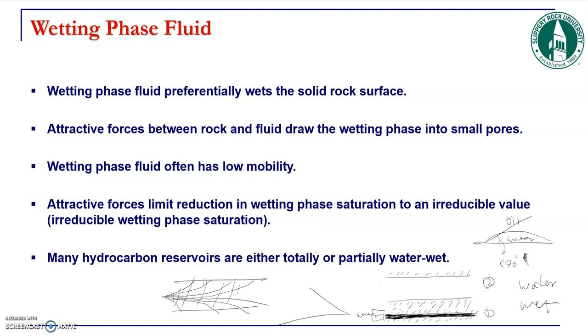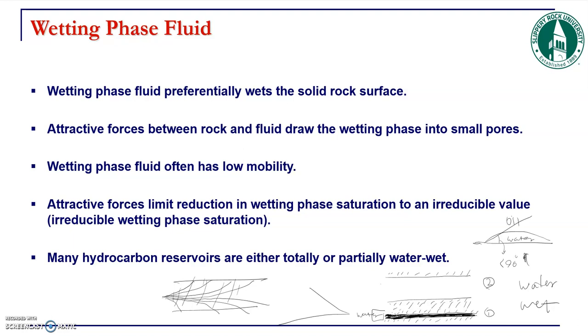So if you have a water wet reservoir, usually the wetting phase, which is the water, will fill the smallest pores due to its higher adherence capacity to be attached to the walls of the pore. How about the larger pores?